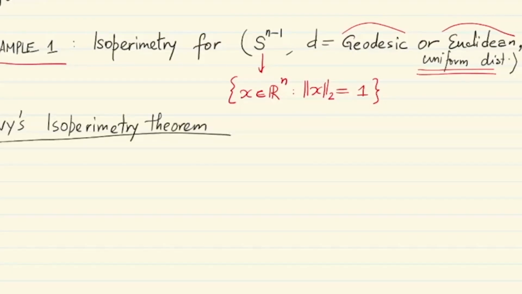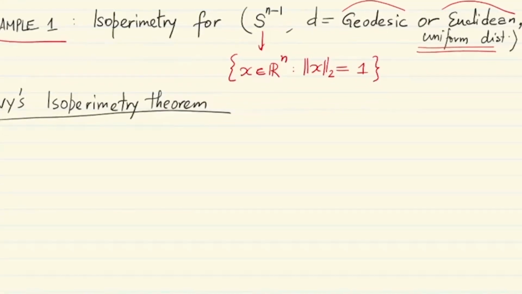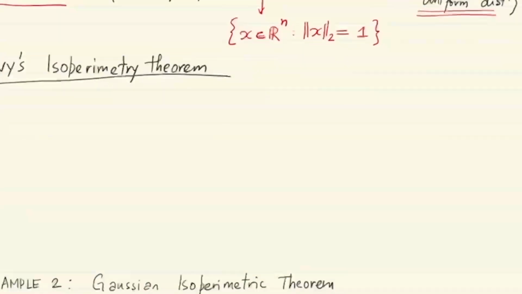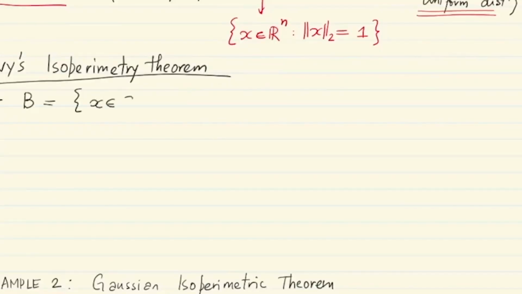That essentially specifies the sets of least volume given a surface area on the surface of the n-dimensional unit sphere. So for B equal to, let's say, all points on the surface of the sphere with their first coordinate being non-negative, which is exactly a hemisphere. So in the usual sense, this would mean the northern hemisphere, for instance. Any hemisphere will work for the purposes of this theorem.